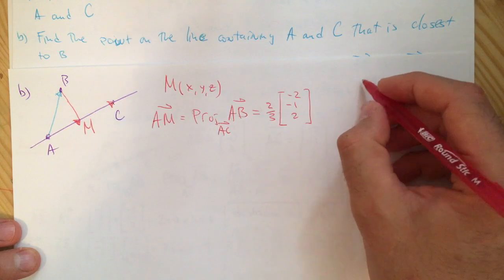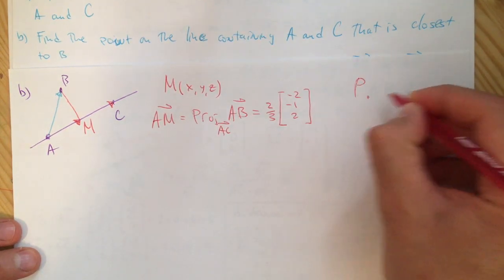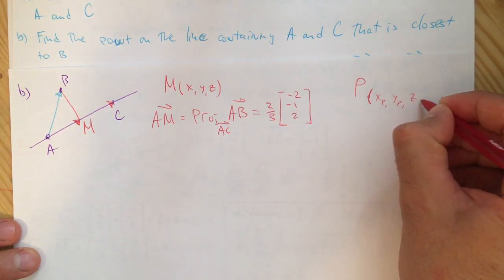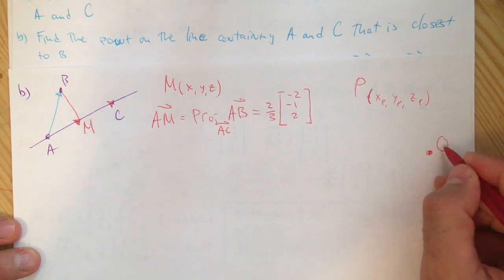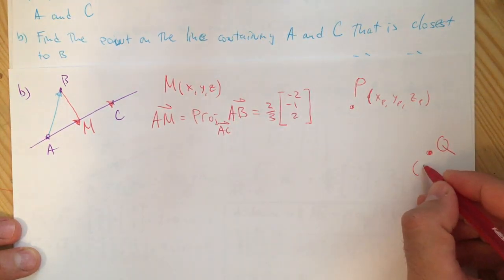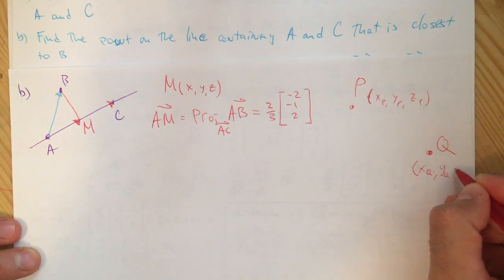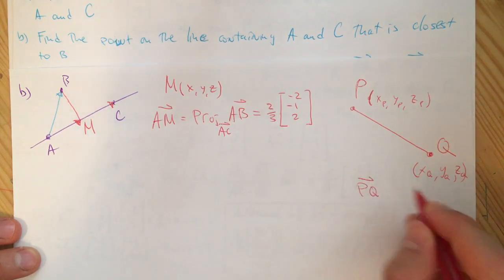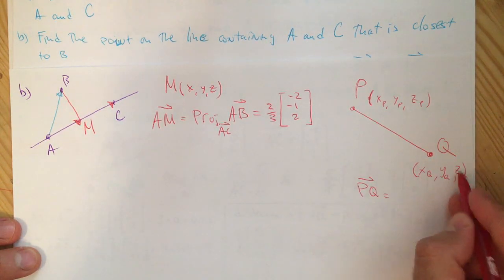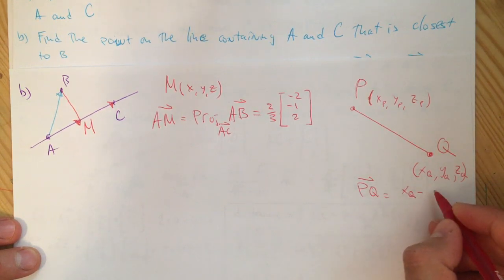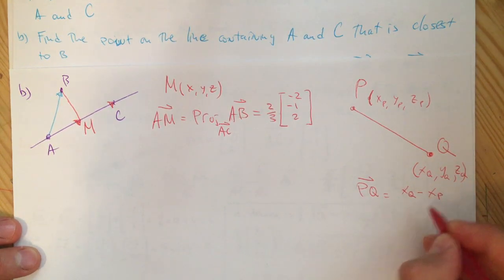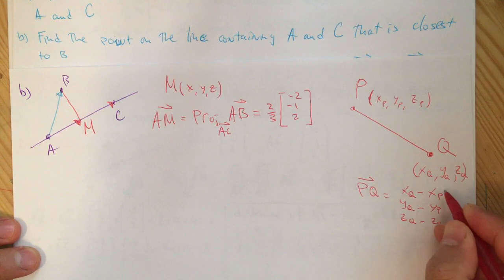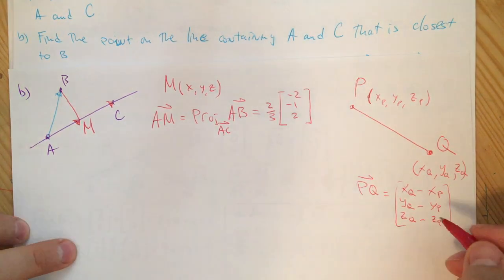Well, if you have 2 points, let's say P with the coordinates xp, yp, and zp, and the point Q with coordinates xq, yq, zq, then the vector PQ is equal to the coordinates of the point Q minus the coordinates of the point P. Now we have something different.